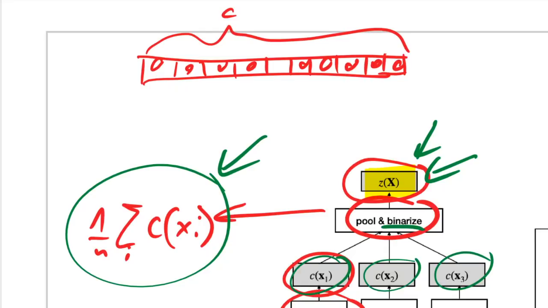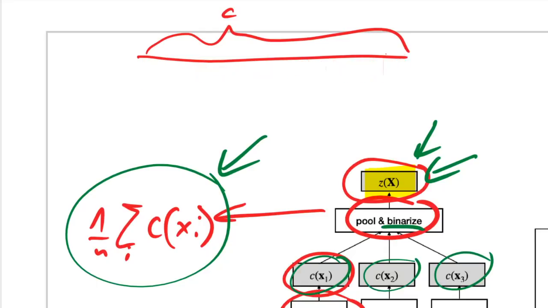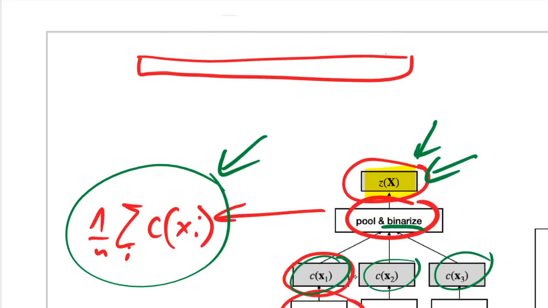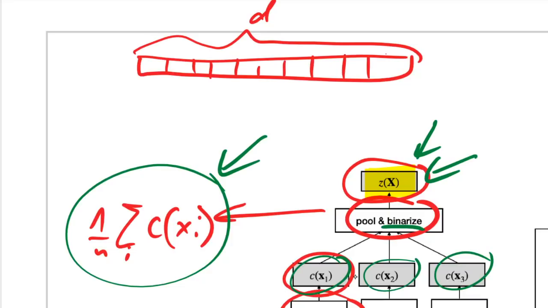What they do is they have a vector, but not of size C, because they don't know C, but of some dimensionality D. This can be 10, this can be 4, whatever. Let's say it's 10 again, but we don't know how many classes there are.